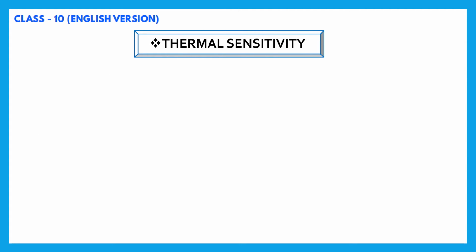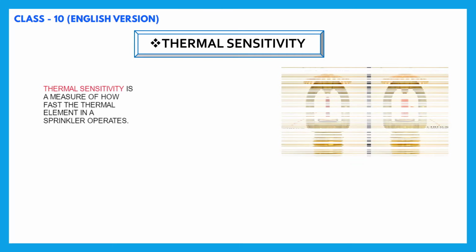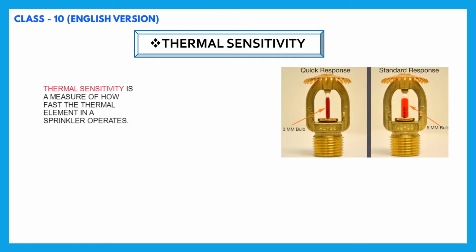Thermal sensitivity. Thermal sensitivity is a measure of how fast the thermal element in a sprinkler operates. Let's have a look at two upright sprinklers, as you can see on your screen, number 1 and number 2. This upright sprinkler is quick response type, and this upright sprinkler is standard response type.